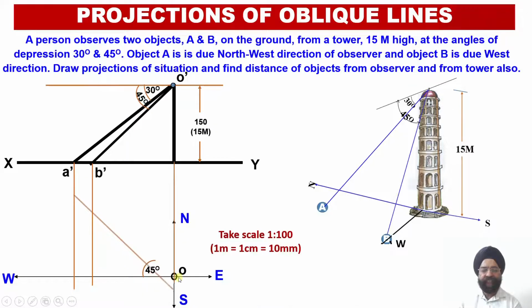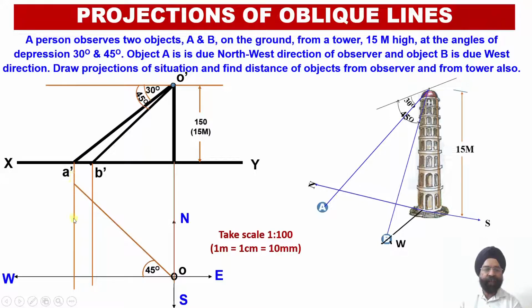So in the northwest direction, I need to draw a projector line starting from point O and extend it till it meets the vertical projector line which is coming from point A in the downward direction. Wherever this vertical projector line and this inclined projector line, which describes the northwest orientation of the observer to A, meet.